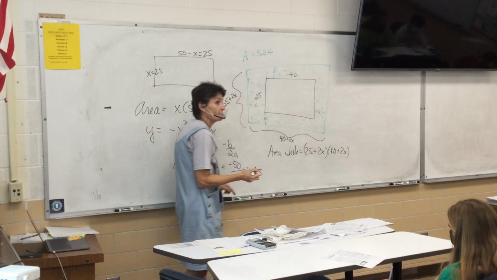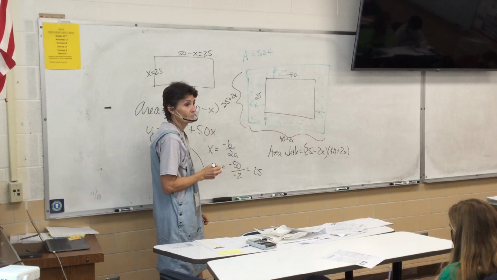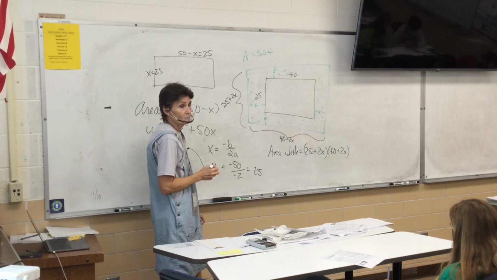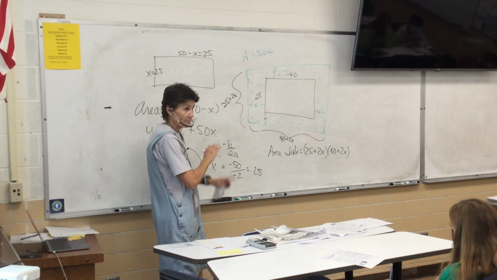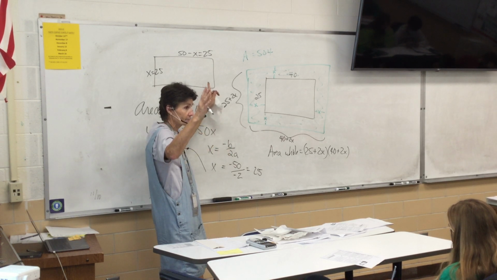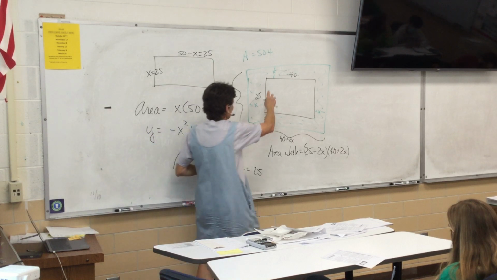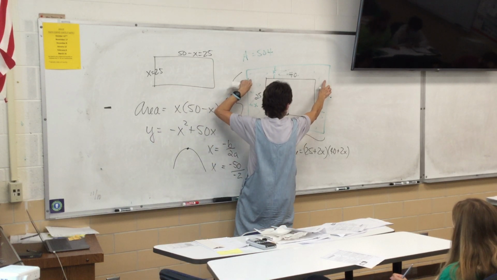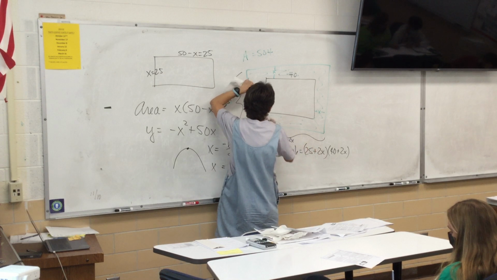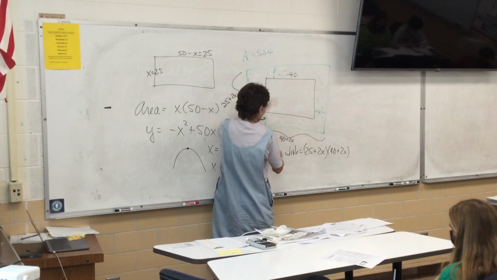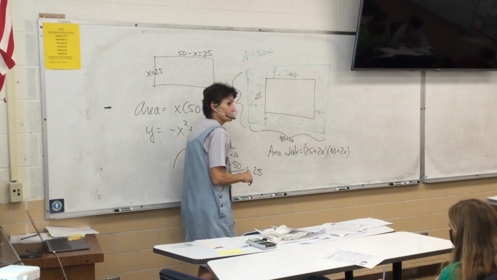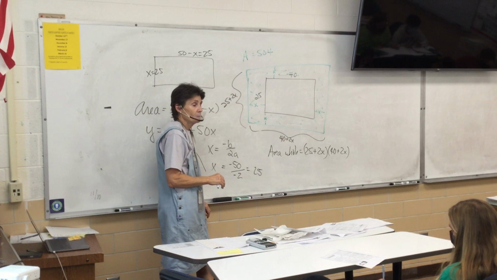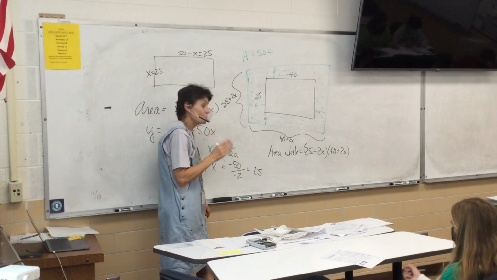I think she's right. Does that make sense to everybody? The whole thing is the original 40 plus an x on each side, so plus 2x, and then the original 25 plus 2x. Okay? All right, what do I do now?